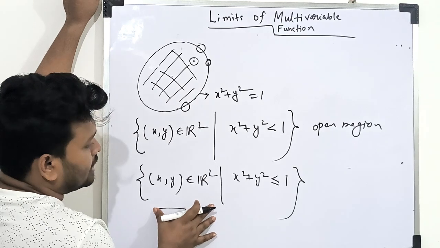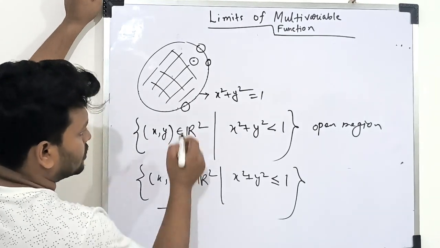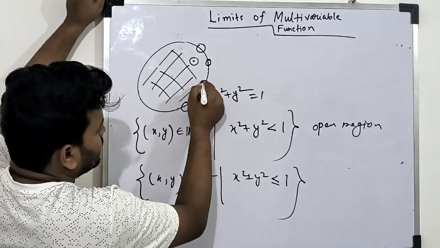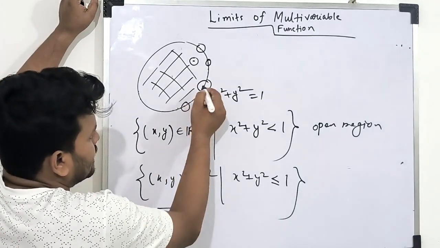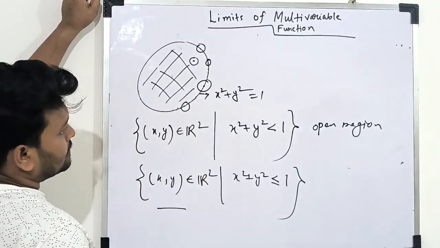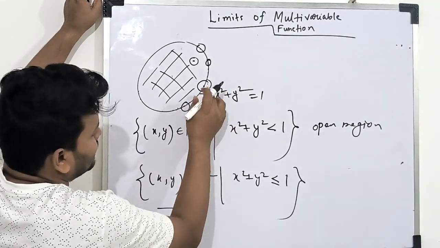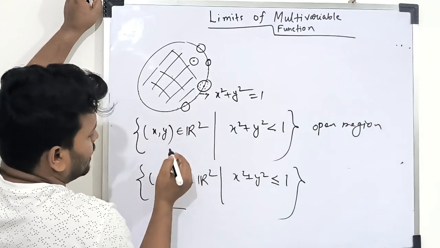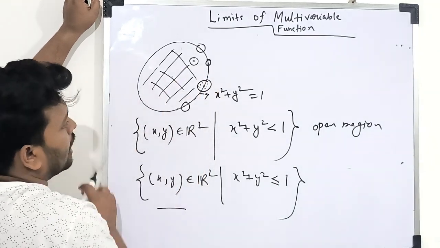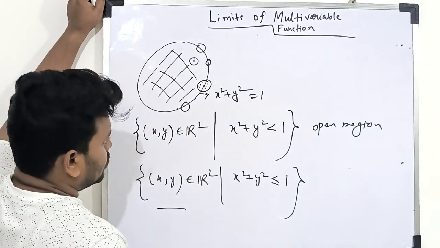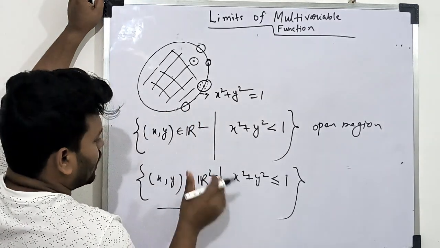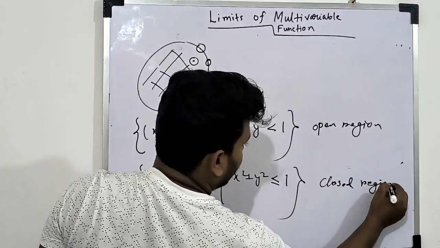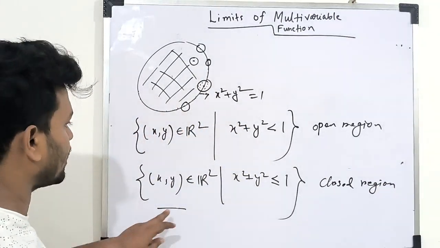Boundary points mean that every disk centered at this point contains some points that lie outside of this region and some points which lie within the set. So all of its boundary points are contained in this set, and this set is a closed region.